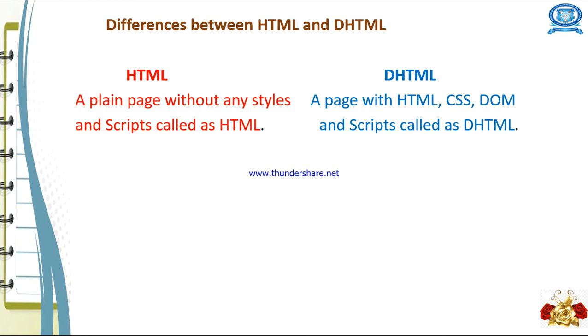You can see this in the example programs from previous topics. A page with HTML, CSS, that is cascading styles, the document object model (DOM), and scripts is called DHTML. This is the basic difference.